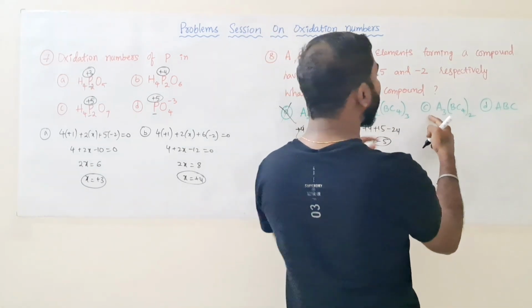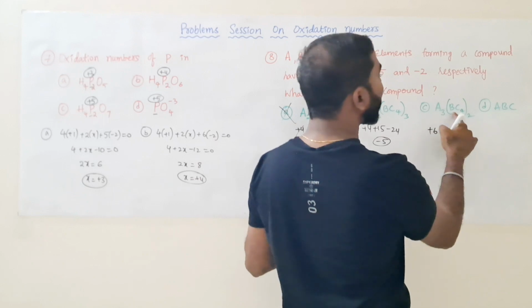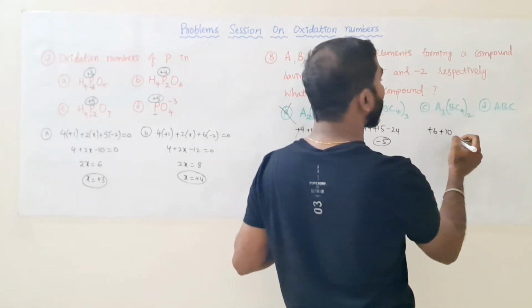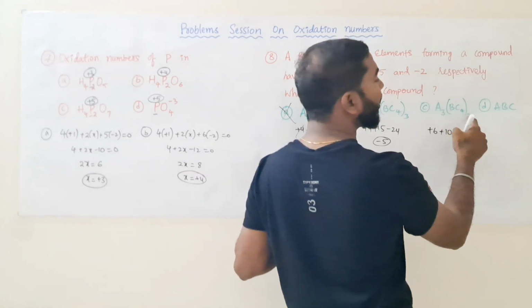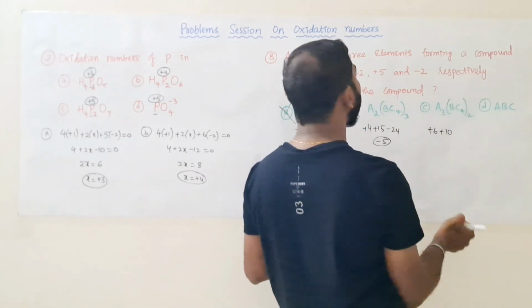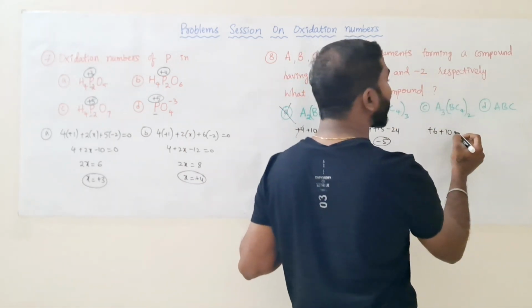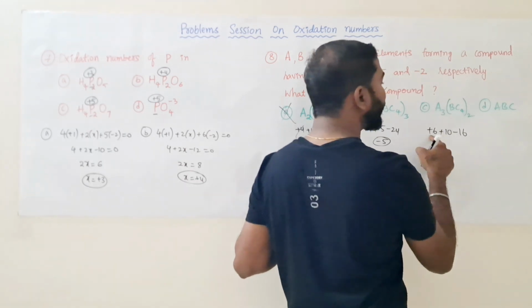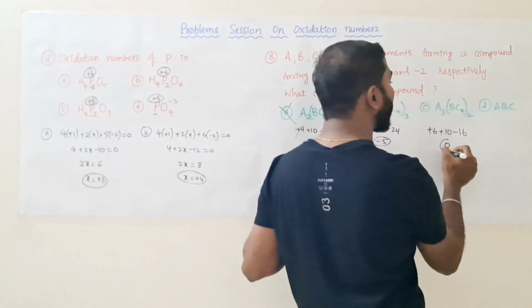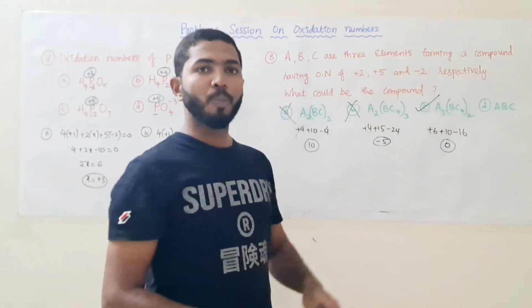And then moving to this one, 3 into +2 is +6. Then we have 2 B's, which is 5 into 2, that is +10. And then we have 8 C atoms. For each we have -2, so 8 into -2 is -16. And if you look at this, +6, +10, which is +16, and then -16, this is going to be 0, and obviously this is our option. Hope you understood.